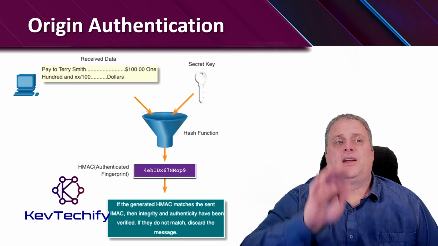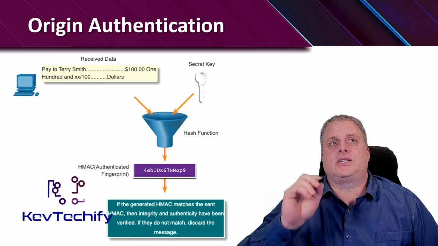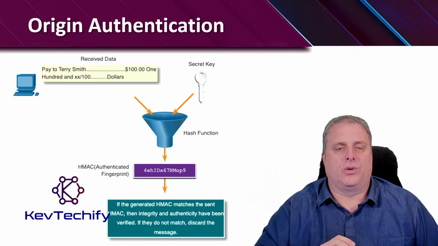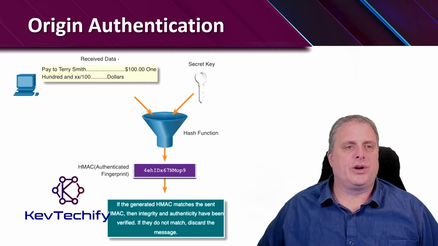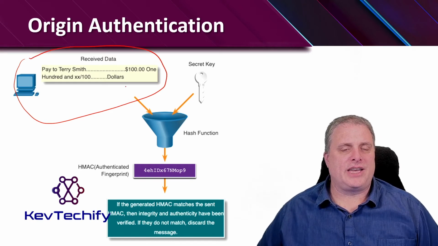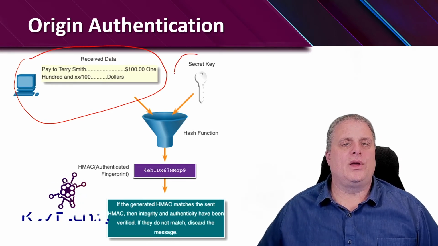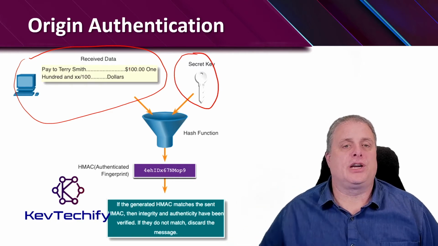To provide origin authentication, we use a keyed hashed message authentication code. Now, that's a fancy way of saying we are going to take our data, run it through a hashing algorithm, but we're going to combine it with a secret key. That secret key you as the sender come up with.